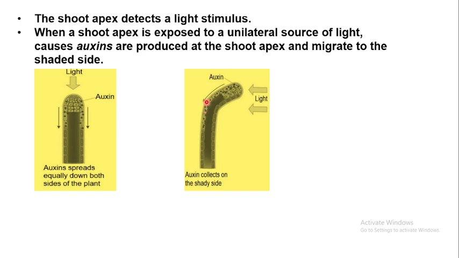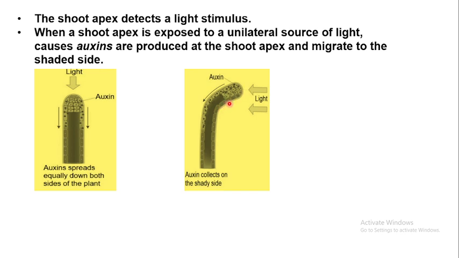So when the auxins get to this end here, they're going to activate the plant cells to grow faster. The plant cells will grow faster on this end, causing the shoot to grow only on one side, to grow faster this side than it would grow this side.